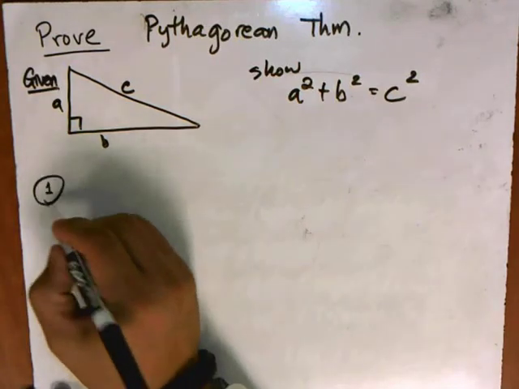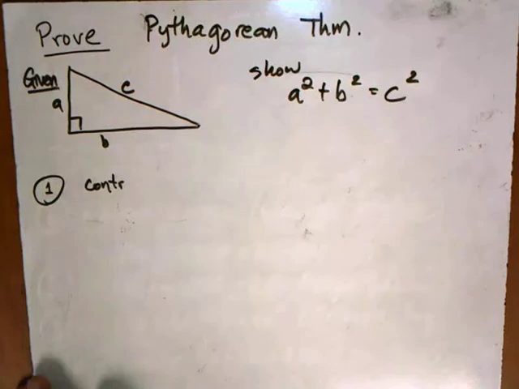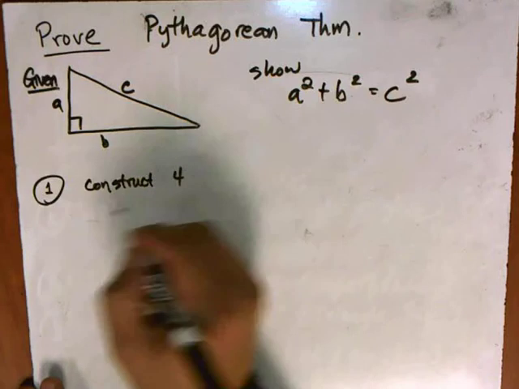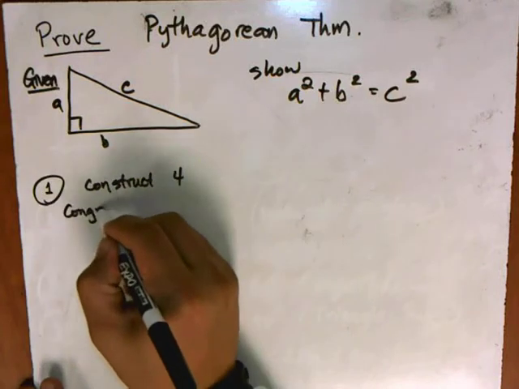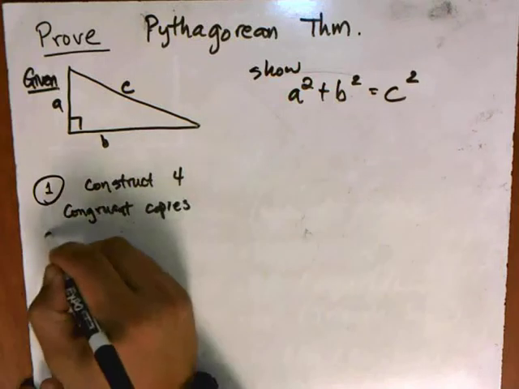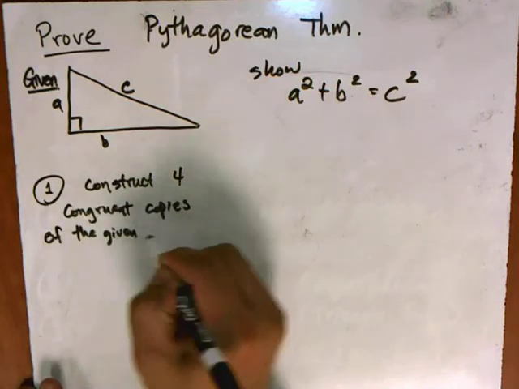So my first step is to construct four congruent copies of the given triangle.